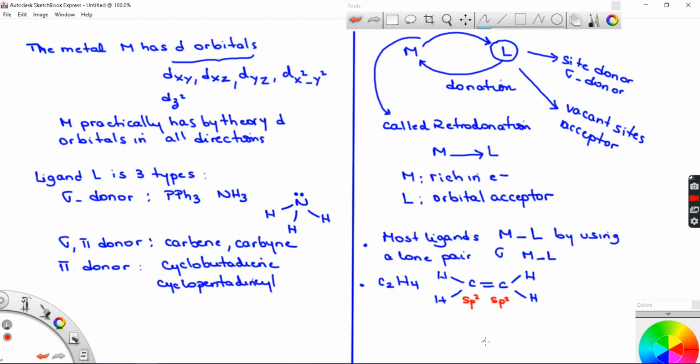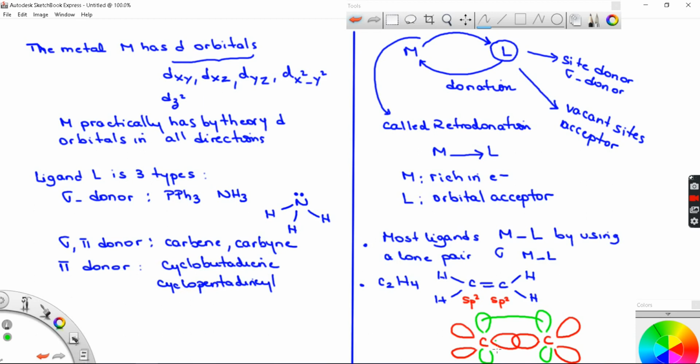So we have a carbon with sp2, and the second carbon with sp2, that form a trigonal planar geometry, and we have a pi bond between p orbitals.